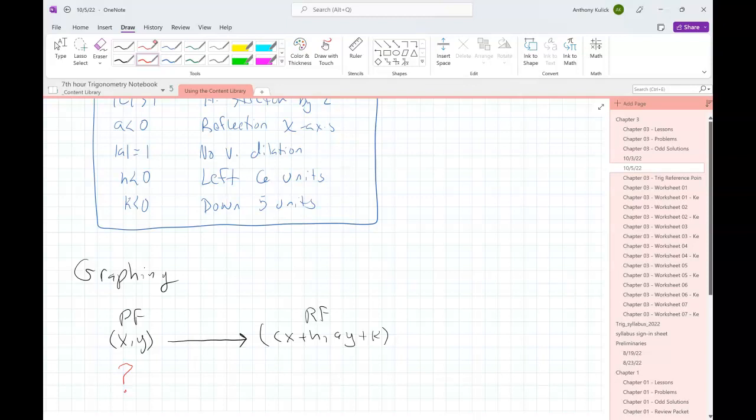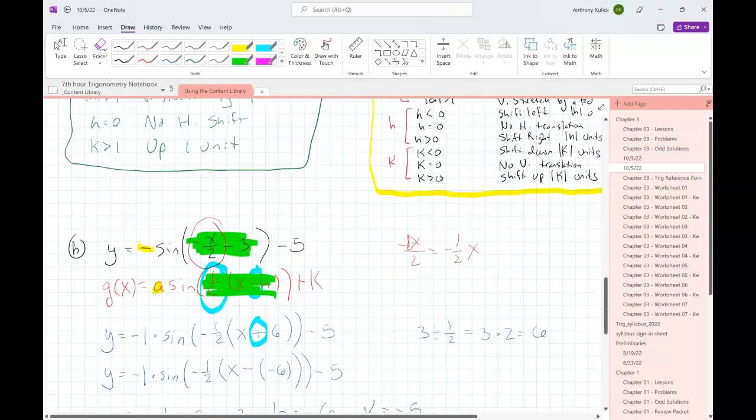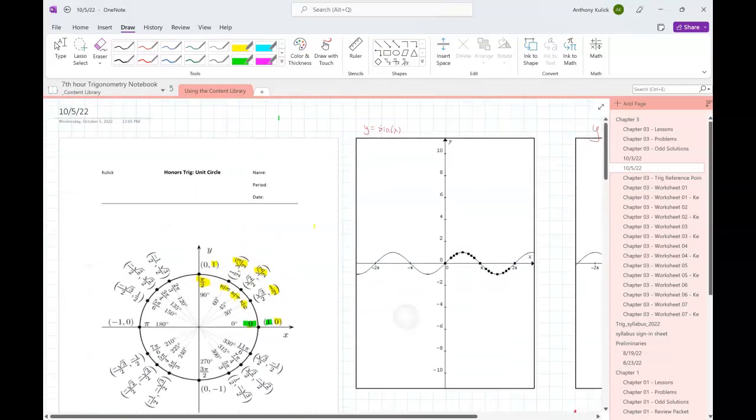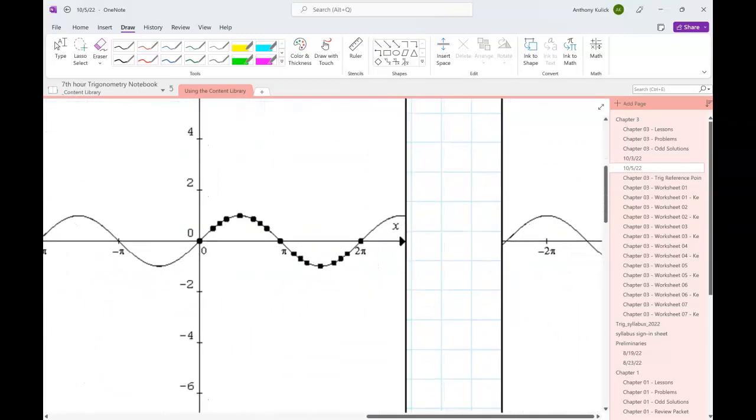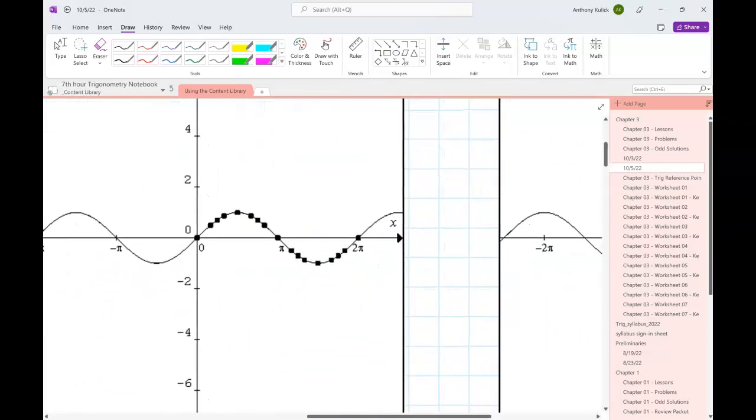Well, if you remember at the beginning of the lesson, we generated a bunch of points on the sine and cosine functions, right? Look at all the points we just generated here. Oh, Mr. Gulick, I have to transform all of those? That's like a lot of them. We're not going to use all of them.